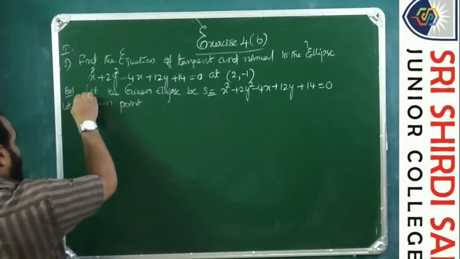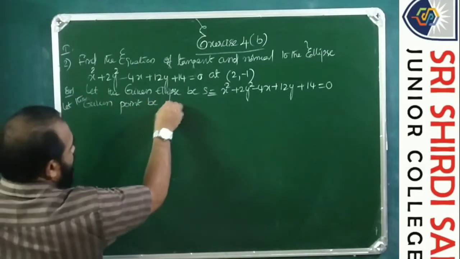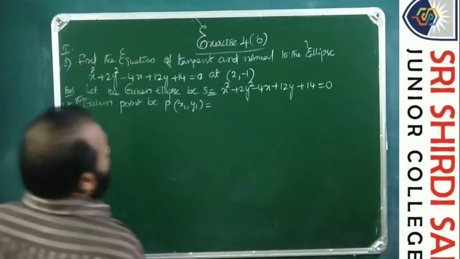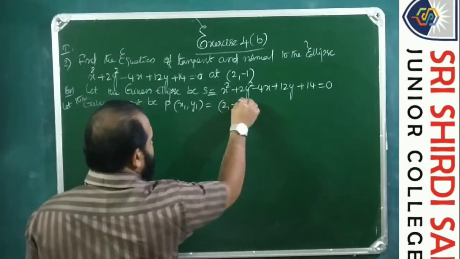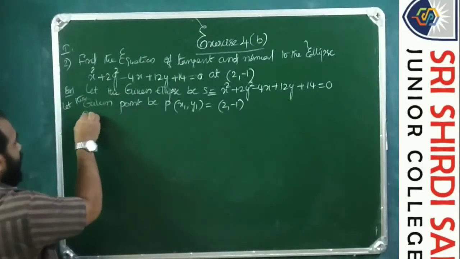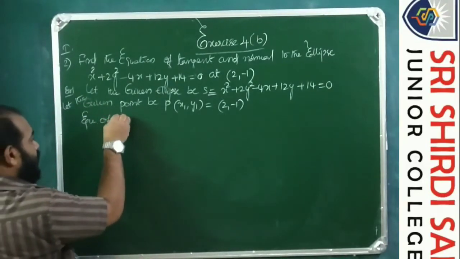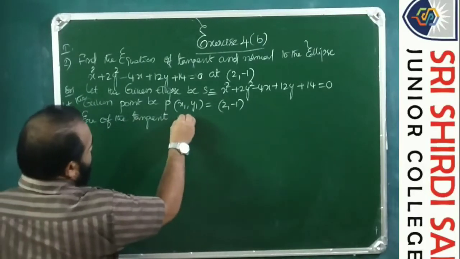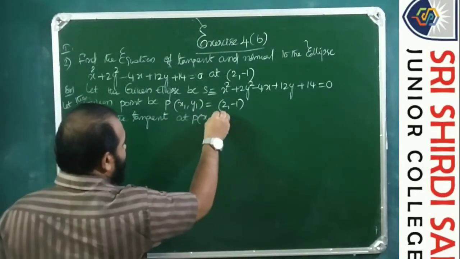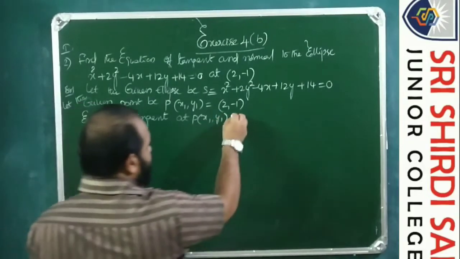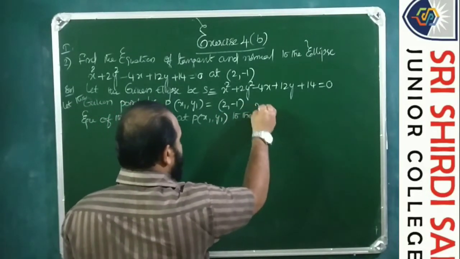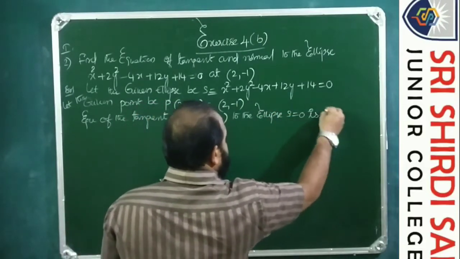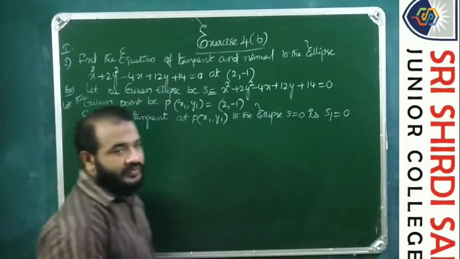Let the given point be P, which is (x1, y1) equals (2, -1). So the equation of the tangent at P(x1, y1) to the ellipse S equals 0 is S1 equals 0.